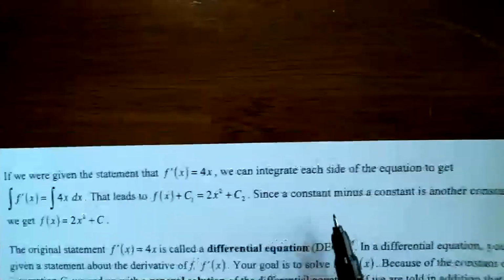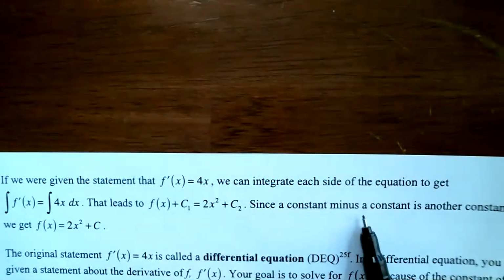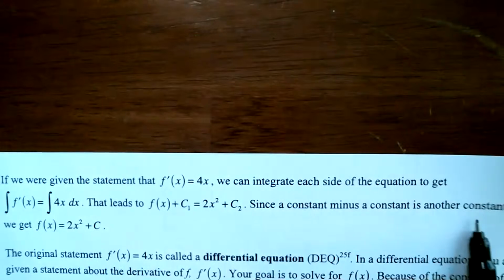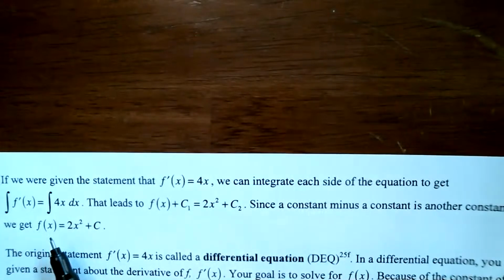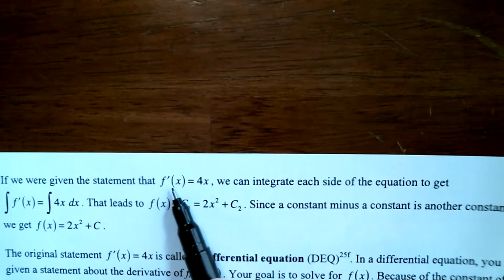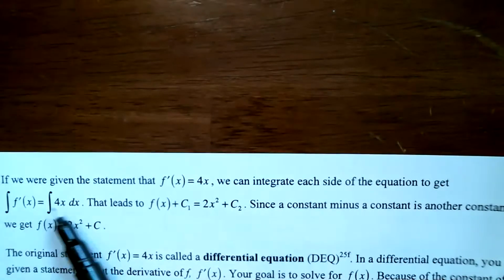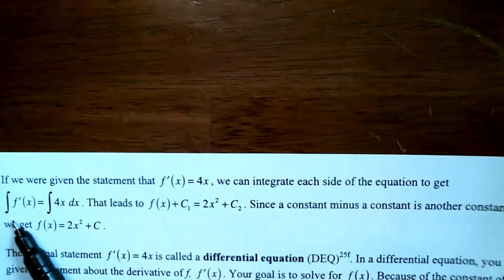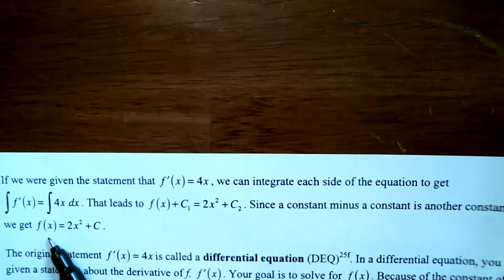Since a constant minus a constant is another constant, we get f of x is equal to 2x squared plus c. So if we are given a derivative, we just integrate both sides. The left side is going to automatically be f of x, and then the right side is going to be your integration plus c.